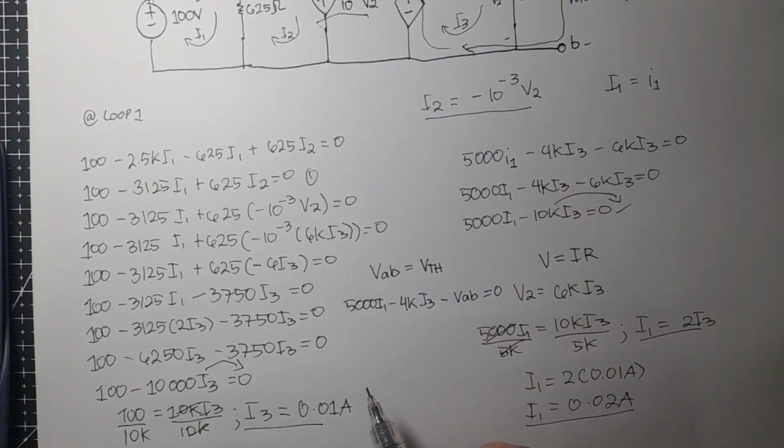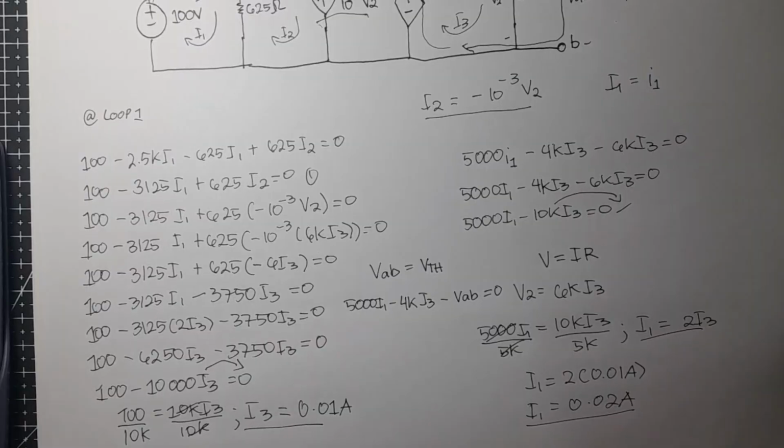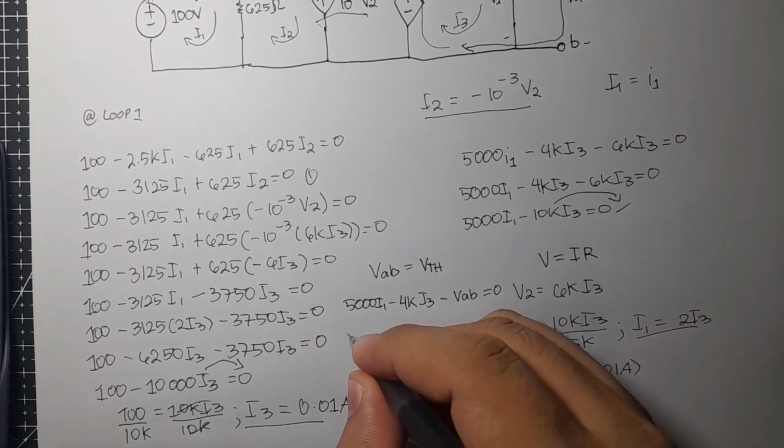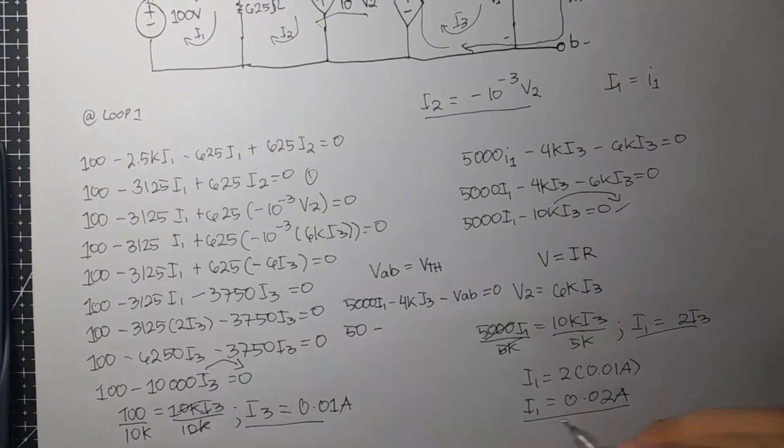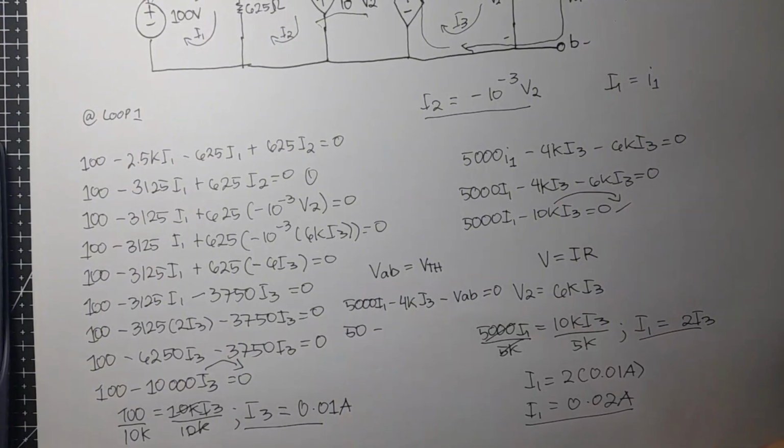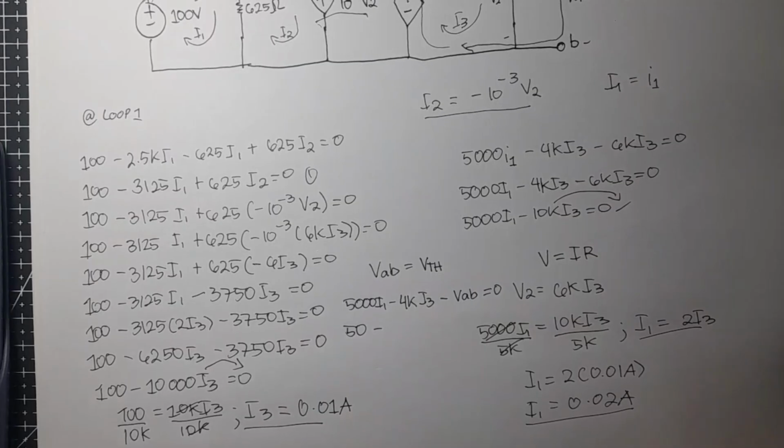So now we will have 5,000 times I1, where I1 is 0.02.